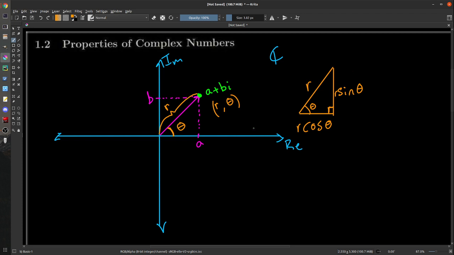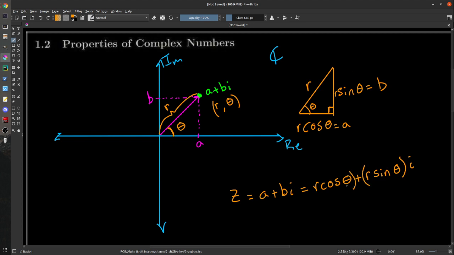So here is basically what we've got. Oh, look, A is r cosine theta, and B is r sine theta. Oh, look at that. So realistically, if you have a complex number z, you can write this as a plus bi, but you can also write it as r cosine theta plus r sine theta times i.